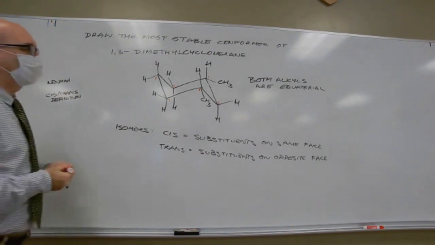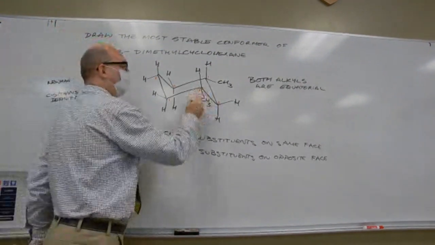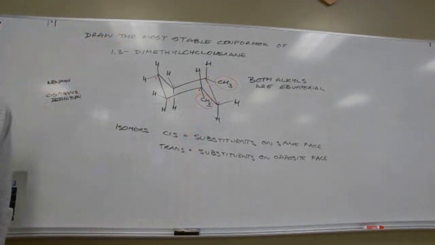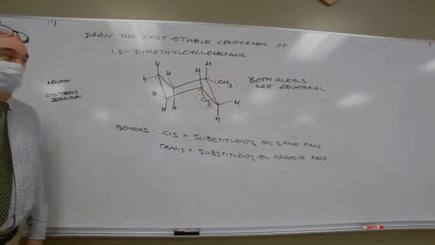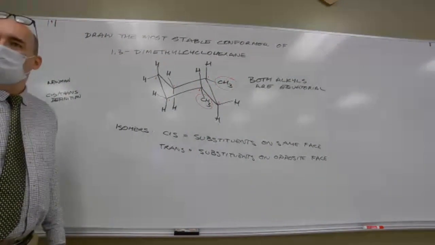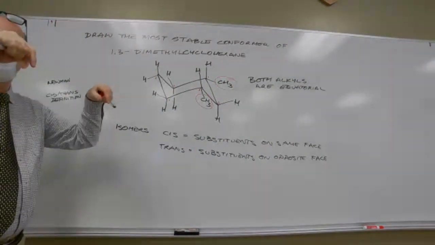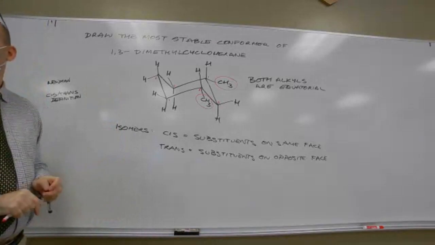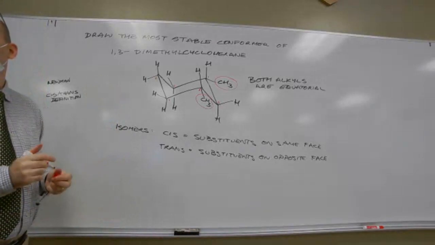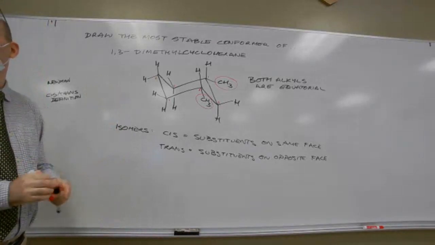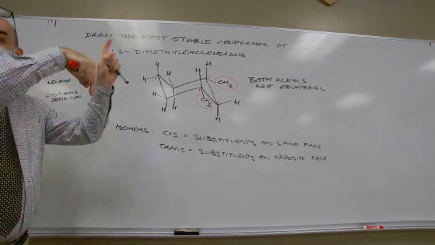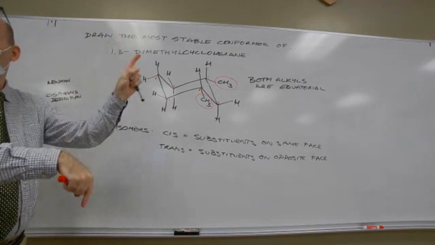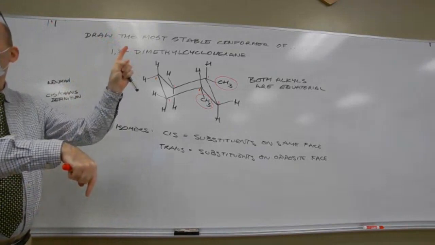Let's identify the substituents. These are my substituents. I have two methyls. If they're both pointing in the same direction, they're both on the same face of the molecule. If they're pointing in different directions, they're on opposite faces of the molecule.